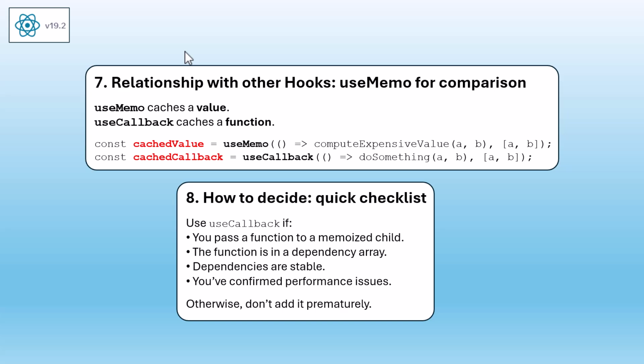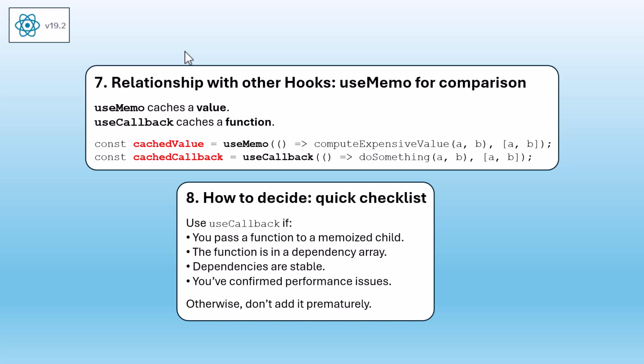8. How to decide. Quick checklist. When you're considering using useCallback, ask, am I passing this function to a memoized child or component that cares about prop identity? Is this function used in a dependency list of a hook, effect, custom hook, etc.? Have I already profiled the component and determined there's an unnecessary render or effect triggered by a changing function?